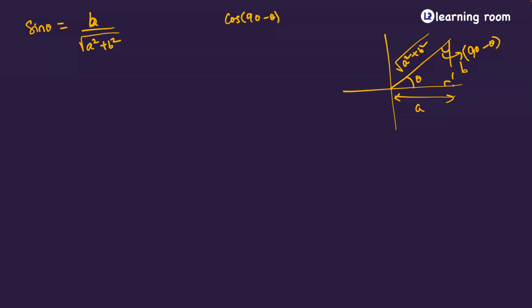Cos is adjacent by hypotenuse. For 90 minus theta, the adjacent side is B. So it is going to be B divided by hypotenuse, which is still root of A square plus B square. So are you able to relate these two? So sin theta is equal to cos of 90 minus theta.